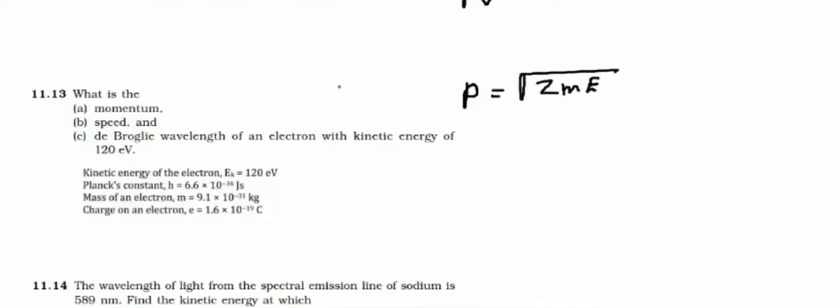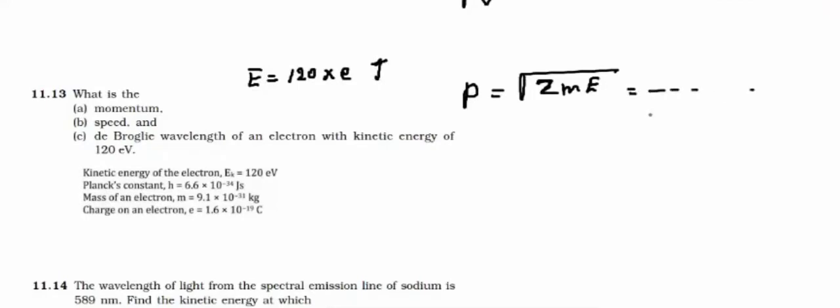Energy is given, but you have to take care: when you substitute in this formula, energy should be in joule. Now it is given in electron volt. Therefore, the value of E is 120 into 1.6 into 10 power minus 19 joules. This value in joules you need to substitute here so that you will get the value of momentum.